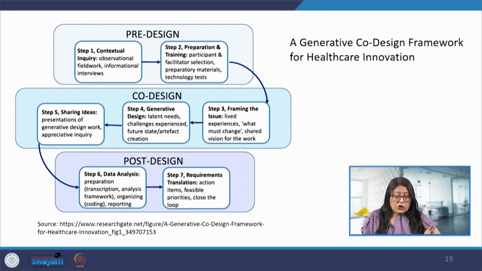global reach. The next step here is generative design, where the latent needs and challenges that are experienced, and future state creation. So, latent needs are the needs that people are not aware of until and unless a certain feature does not exist.